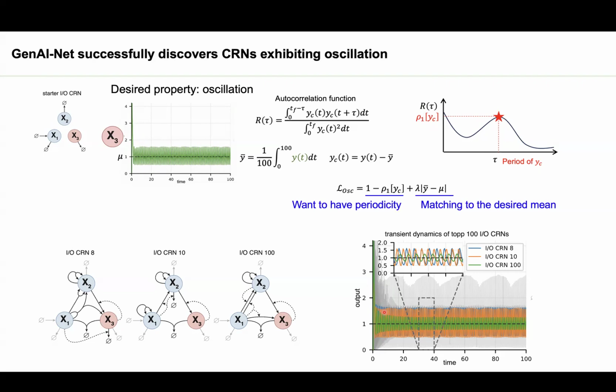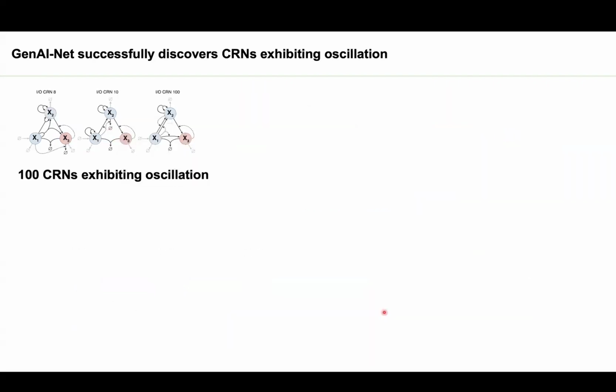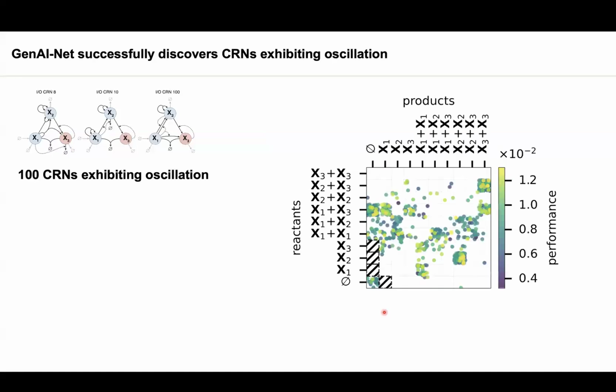And additionally, what we can do is see which reactions GenAI-Net chose to make an oscillation. We can summarize the result of GenAI-Net with this map. In this map, one dot represents one reaction in one theorem.